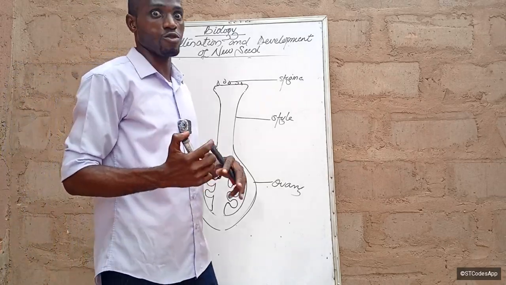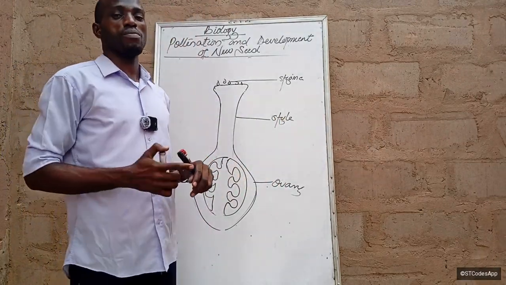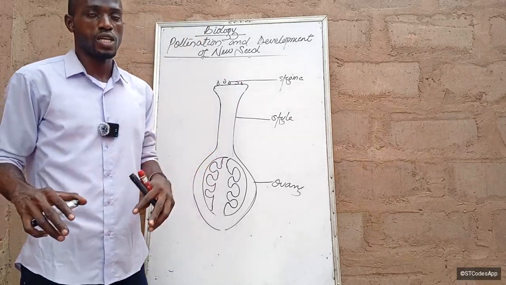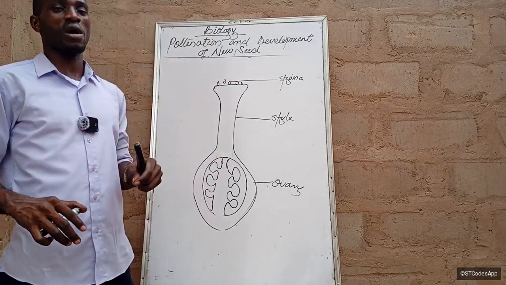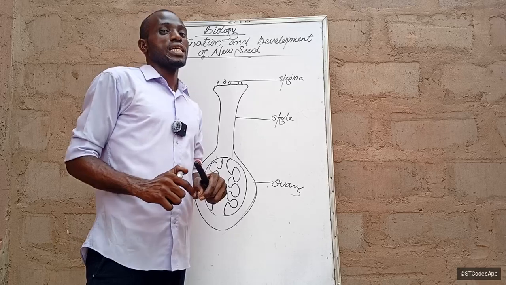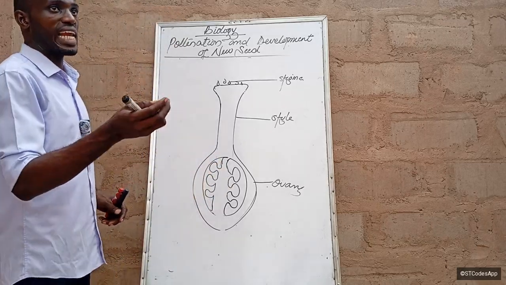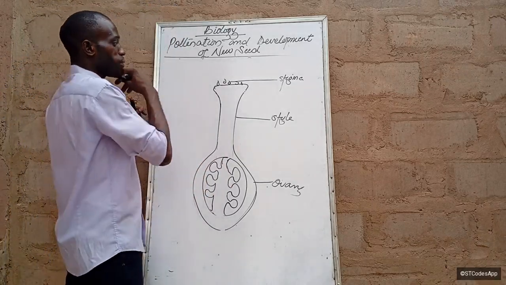An insect pollinated flower has to be brightly colored, with large petals, but a water pollinated flower does not have to have brightly colored petals or white petals. Do you understand? A wind pollinated flower needs to have pollens that are light. Okay, they are very lightweight so that they can be carried by wind. Okay, so the pollen gets here.